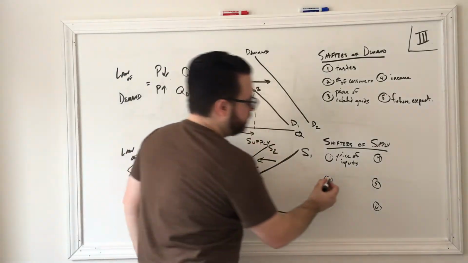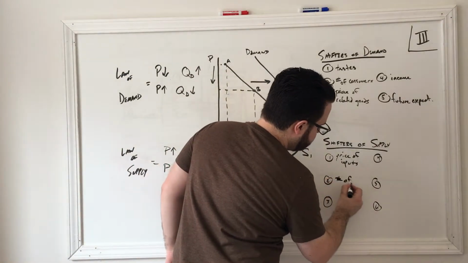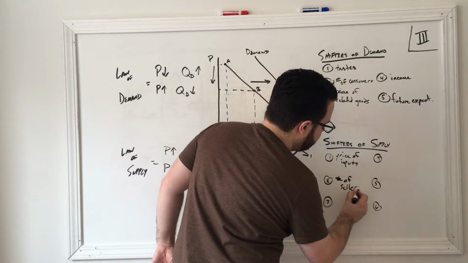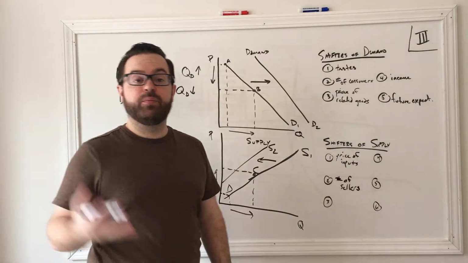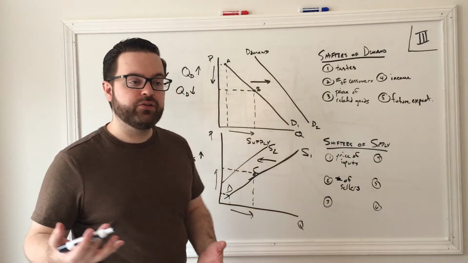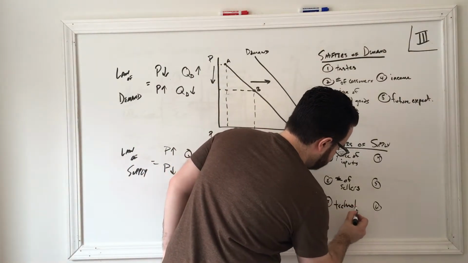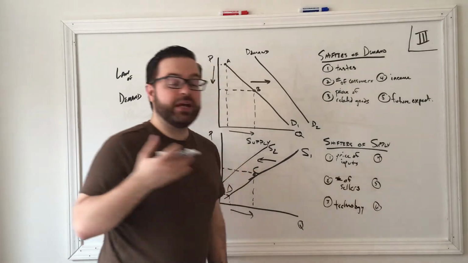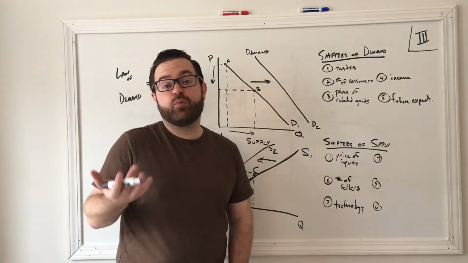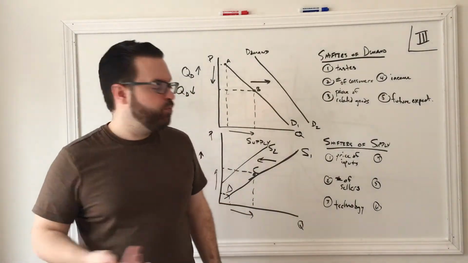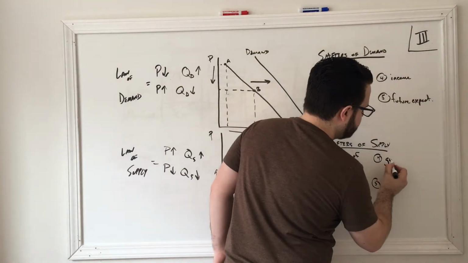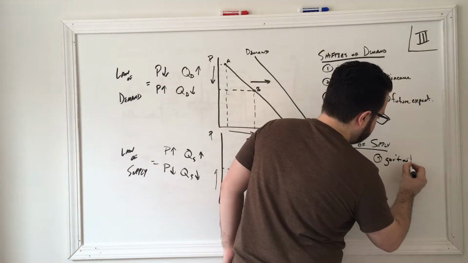So other shifters are number of sellers. If my product becomes more popular, there'll be more sellers, and so that will increase supply. Next one is technology. Let's say it becomes easier to make my product because I have more technology. Now I'm going to be able to make more of it. The fourth one is government action.